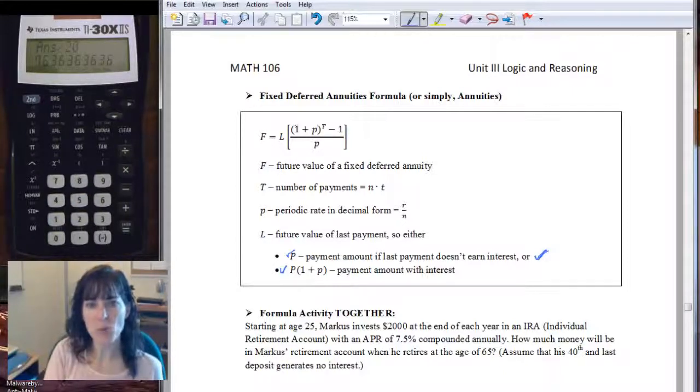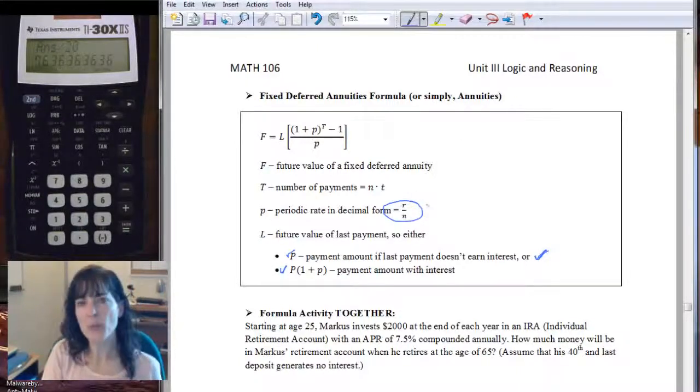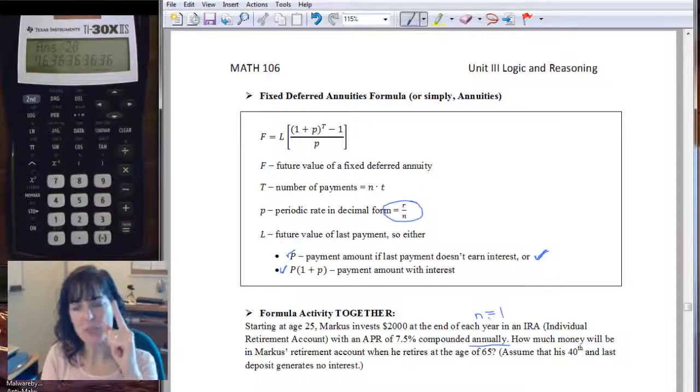Now this up here, 1 plus little p. Little p is our periodic rate, and we saw that a little bit on the compound interest problem, but it's the rate over the number of compoundings. And so if you're compounding annually, remember your n is going to be 1 because it happens one time a year.